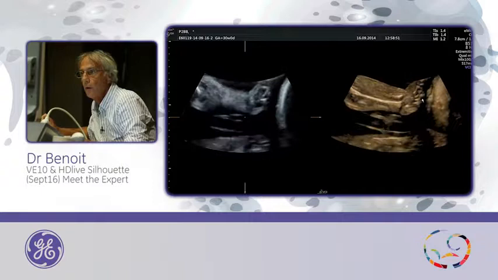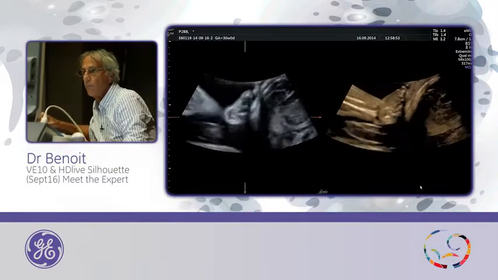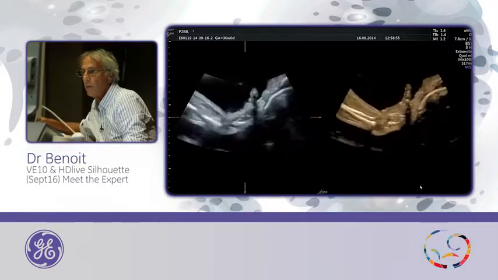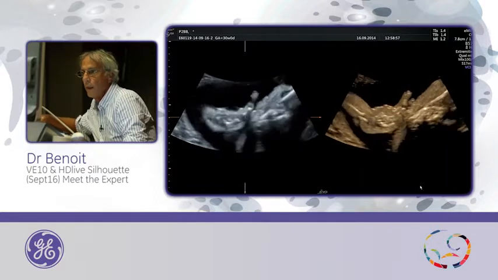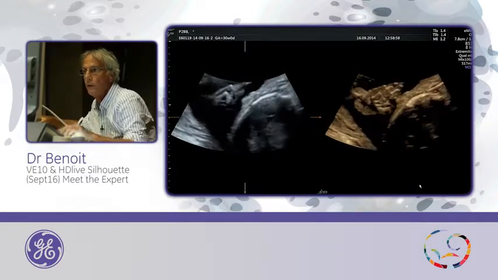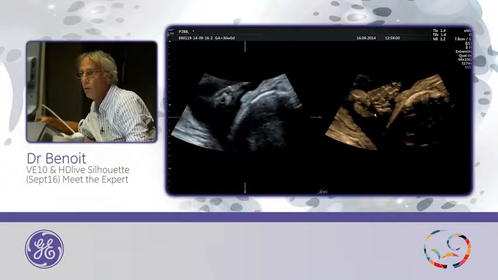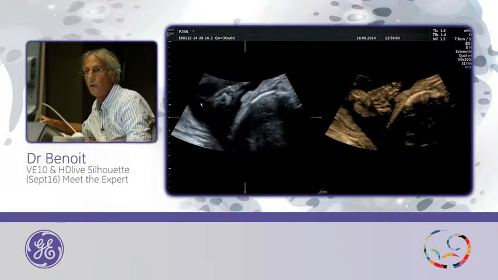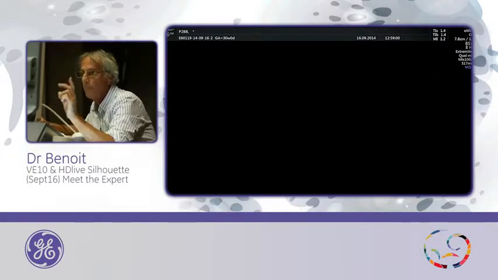You can see here when you play with this thickness, you can see the forearm with the two bones, hands with fingers, and especially late in the pregnancy, it's quite difficult to obtain.